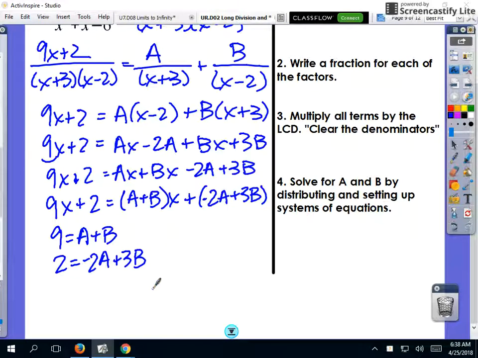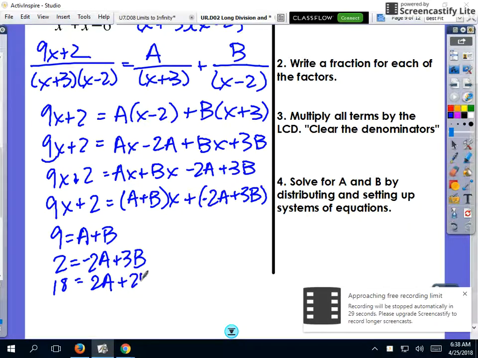And I think for right now, I might multiply the top one by 2. So it'd be 18 equals 2a times 2, so plus 2b. If you add that down, that becomes 20 equals 5b.